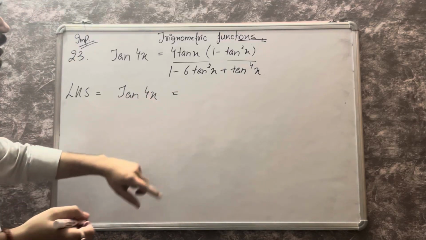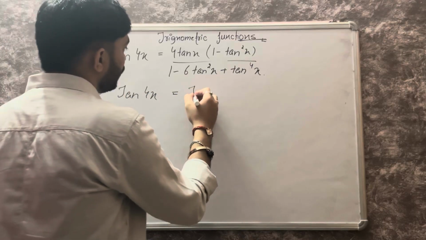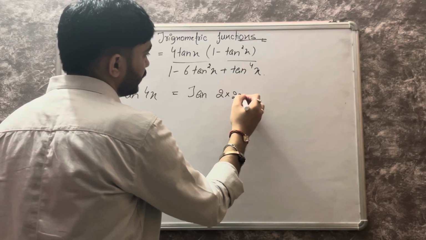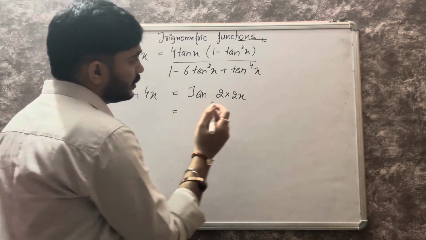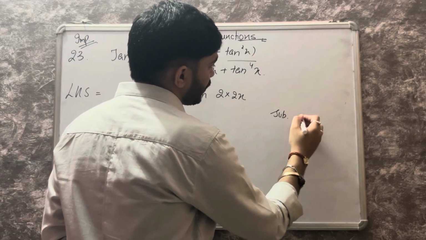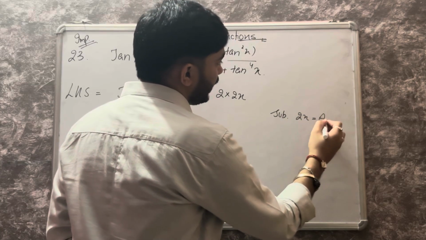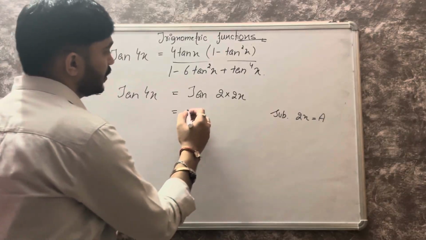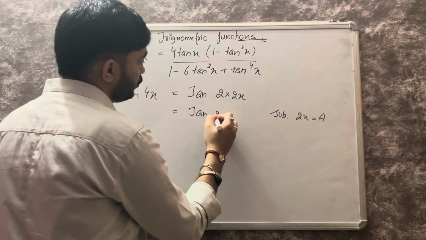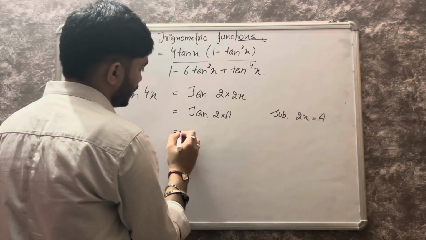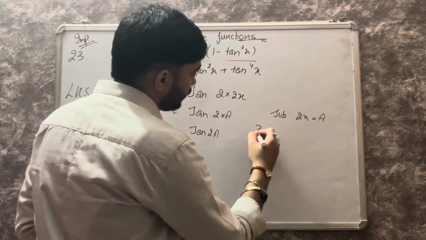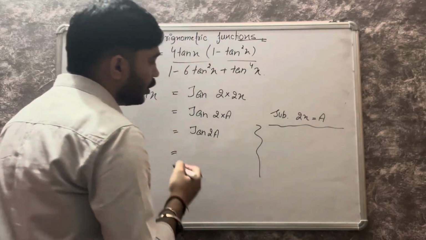For this tan 4x we are going to do one trick here, that is write 4x as 2 into 2x. Substitute 2x equal to a, that is we are using a dummy variable here. Tan of 2 into a, that is tan of 2a, and we are going to use the formula of tan 2a.